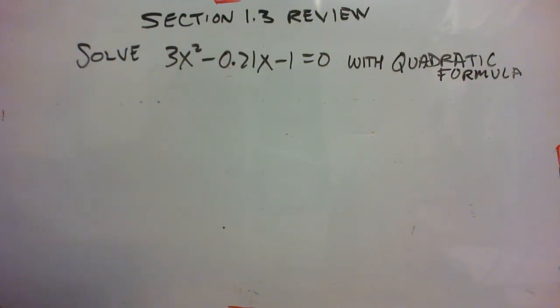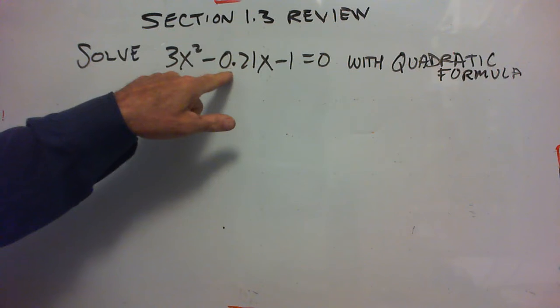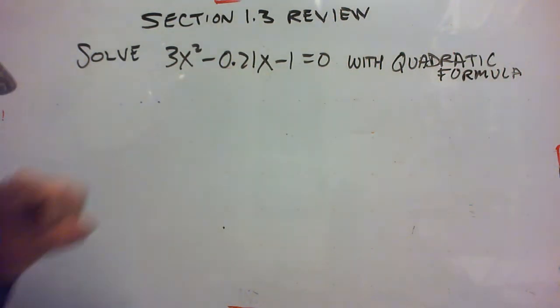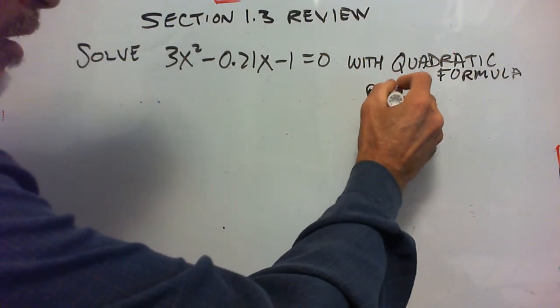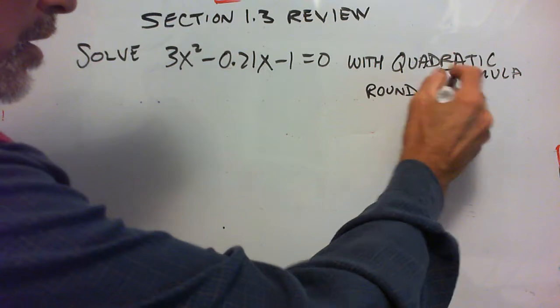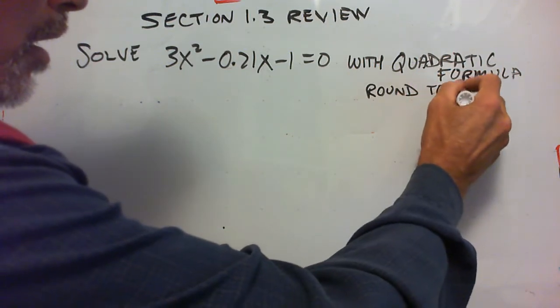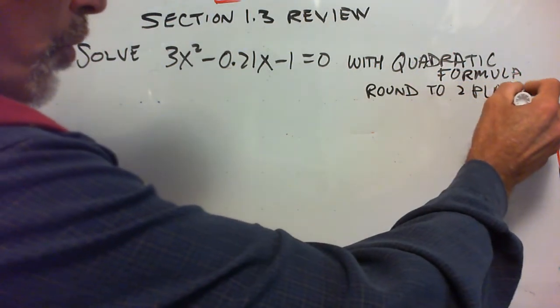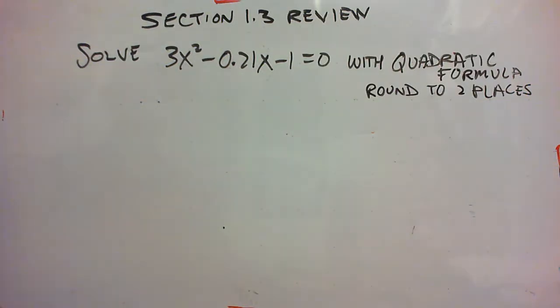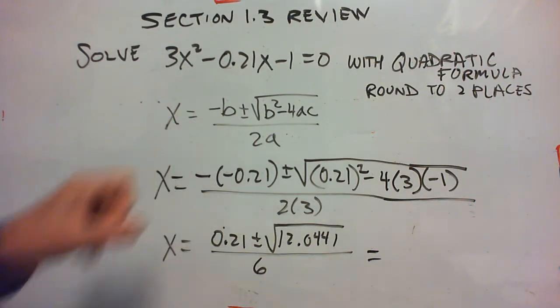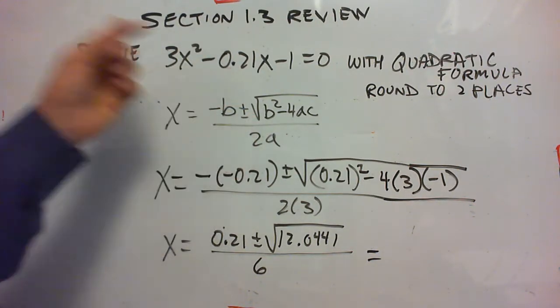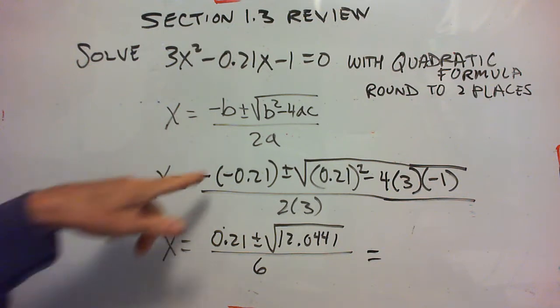Okay, in the next problem, solve 3x squared minus 0.21x minus 1 equals 0 with the quadratic formula. And let's round to 2 decimal places. So we just plug all of those values a, b, c into the quadratic formula. So our quadratic formula, -b plus or minus the square root of b squared minus 4ac all over 2a.